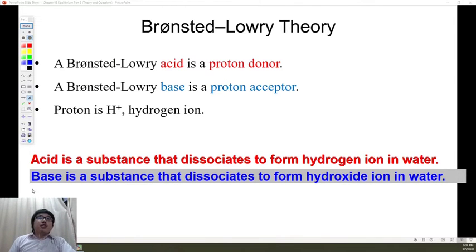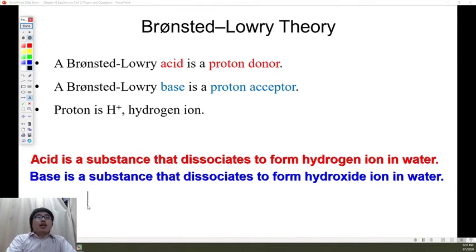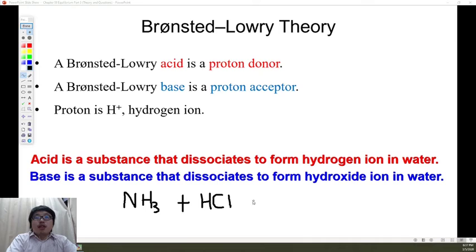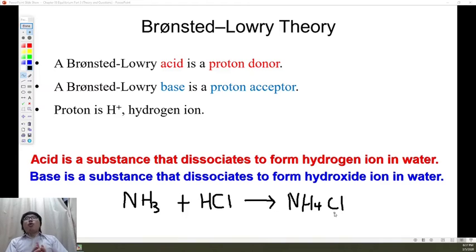Unfortunately, a problem arises. What is the problem? For example, if you have ammonia reacting with HCl to give you NH4Cl, ammonium chloride.